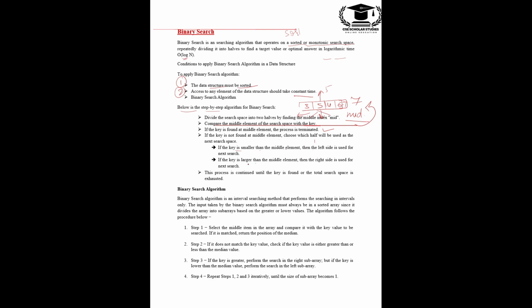Otherwise, if the element value is larger than the mid element, then we go to the right side of the array. This continues until you find the search element. These are the steps we follow for binary searching.